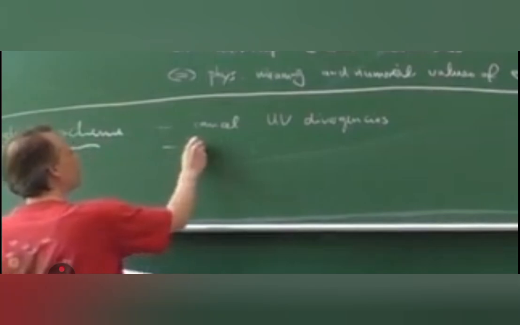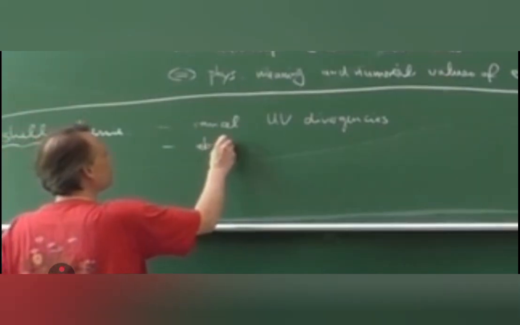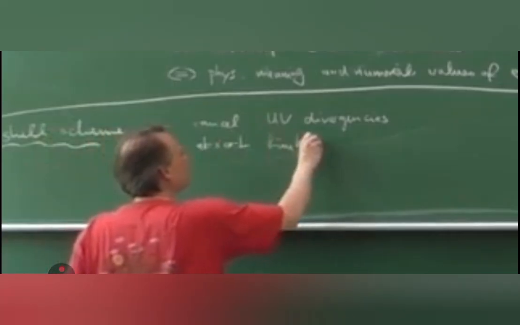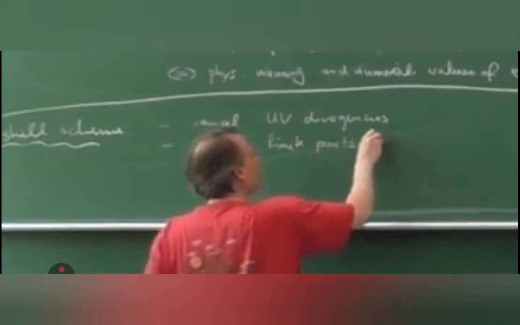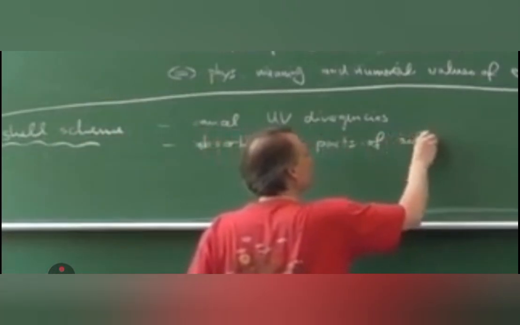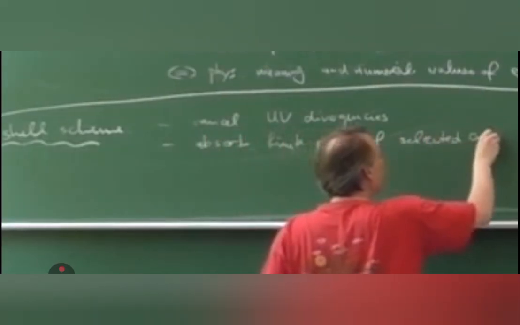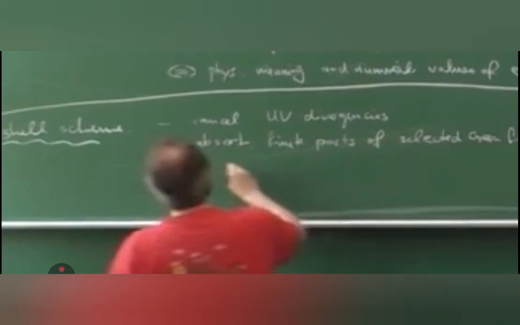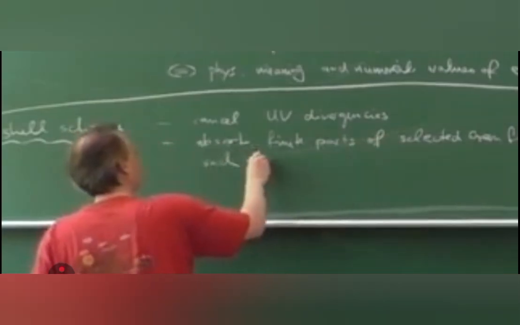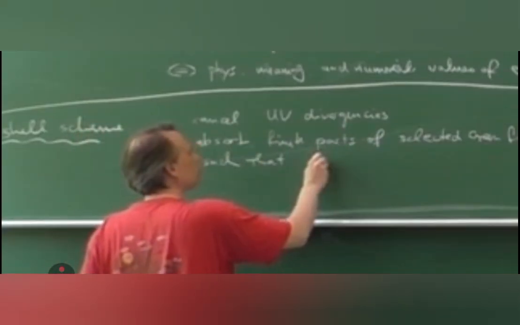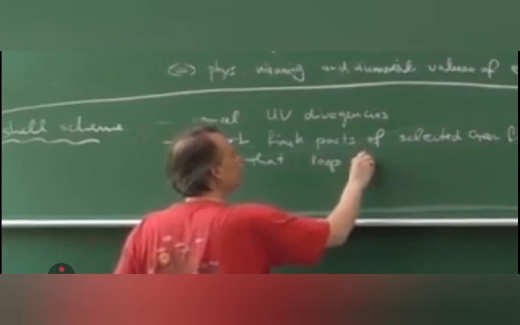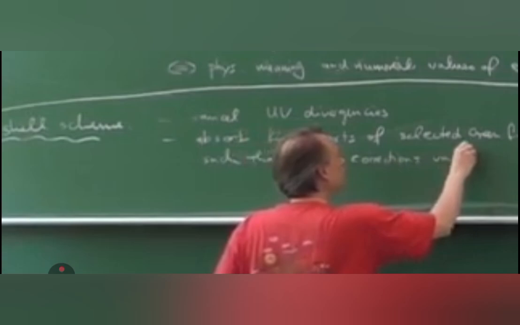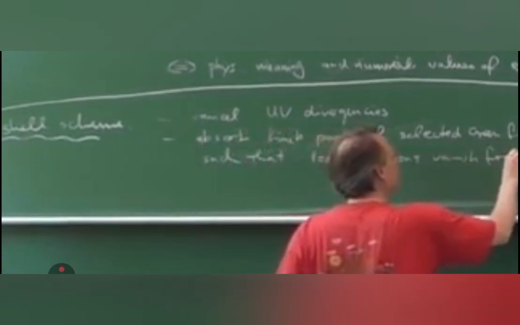They are defined such that we absorb finite parts of selected Green functions such that all the loop corrections vanish, at least for on-shell momenta.